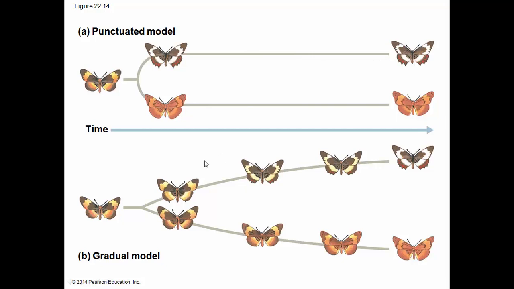Gradualism suggests that these environmental changes occur more gradually over time, and that speciation occurs over longer periods of time. In fact, punctuated equilibrium dictates that both of these models can occur, although not simultaneously. But a speciation event can be punctuated, or a speciation event can be gradual.